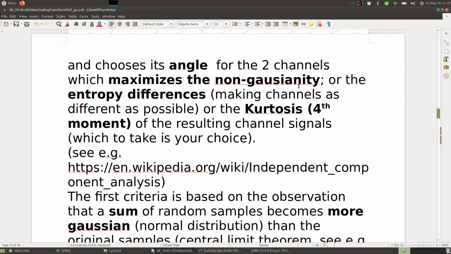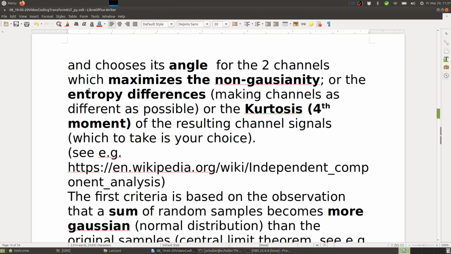Remember that if we add two random signals, it becomes more similar to a Gaussian distribution. So that means if we have two signals which are not added together, then it's more different from a Gaussian distribution, so it's more non-Gaussian. So that's why we want to maximize the non-Gaussianity.